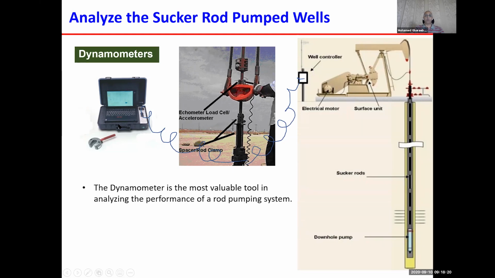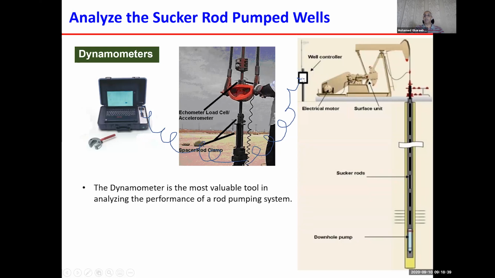Or, according to the current technology, the majority of the bigger producers and companies use what we call a dynamometer at each well. There is what we call the well controller or well manager, which continuously measures all the load and analyzes it.